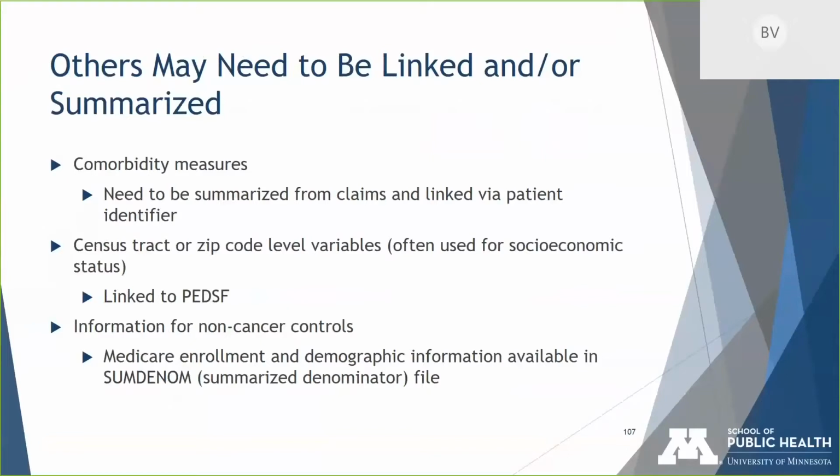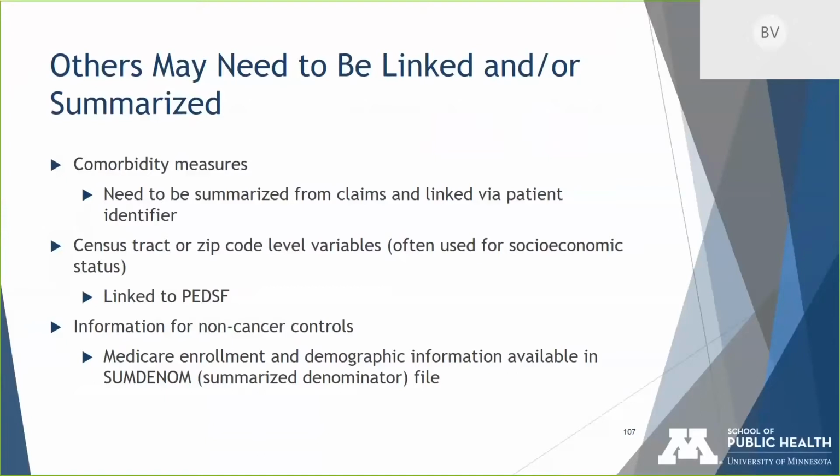Comorbidity measures usually are summarized from the claims data because in general, we're measuring them based on the diagnosis codes that are found in the claims. SEER registries do not collect information on comorbid conditions. Other information that's usually linked: census tract or zip code level variables.